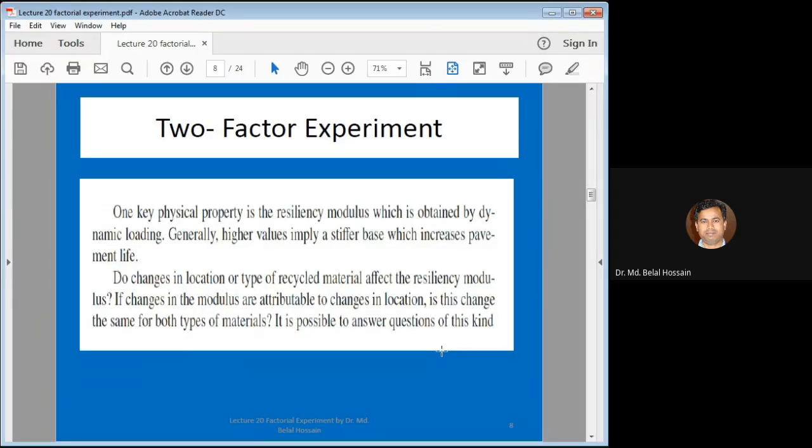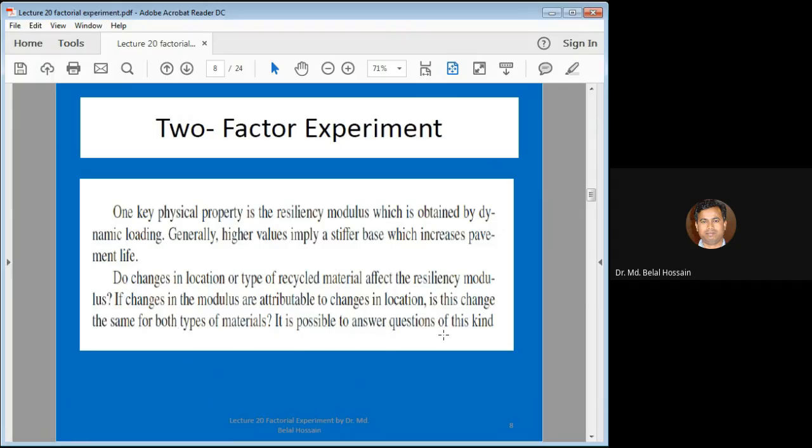One key physical property is the resiliency modulus, which is obtained by dynamic loadings. Generally, higher values imply a stiffer base, which increases pavement life. Do changes in location or type of recycled materials affect the resiliency modulus? That is our goal to find. If changes in the modulus are attributable to changes in location, is this change the same for both types of materials?